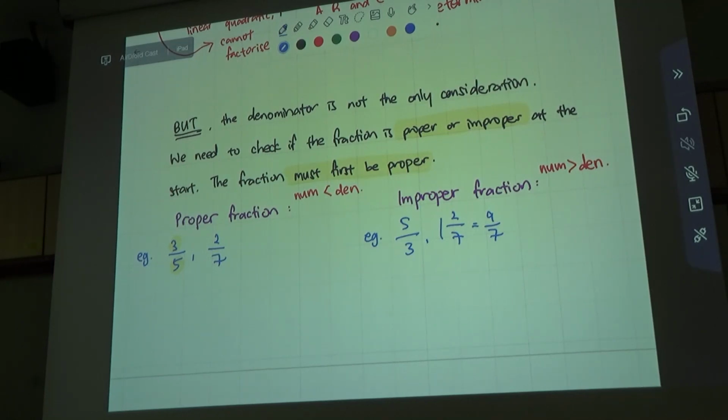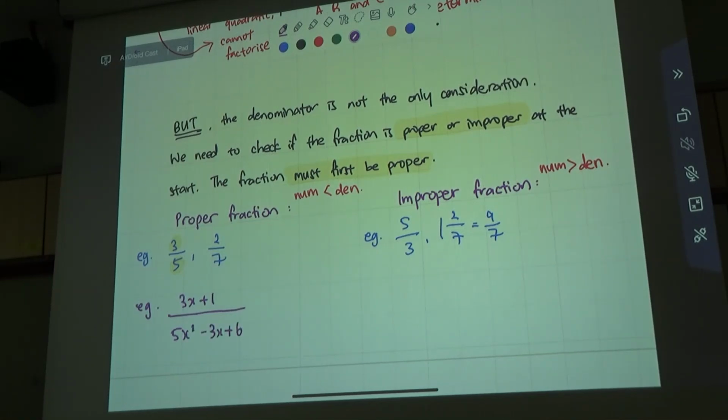So for a proper algebraic fraction, we can have, for example, 3x plus 1 over 5x squared minus 3x plus 6.